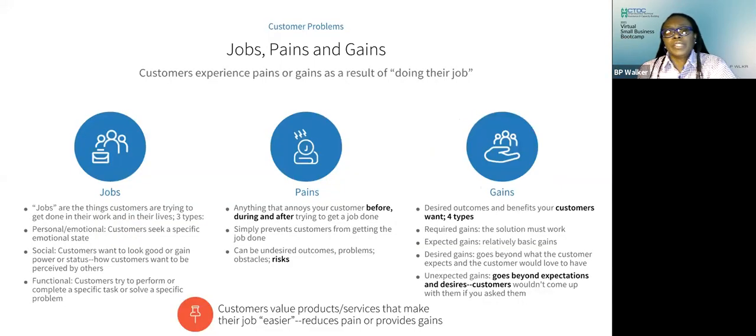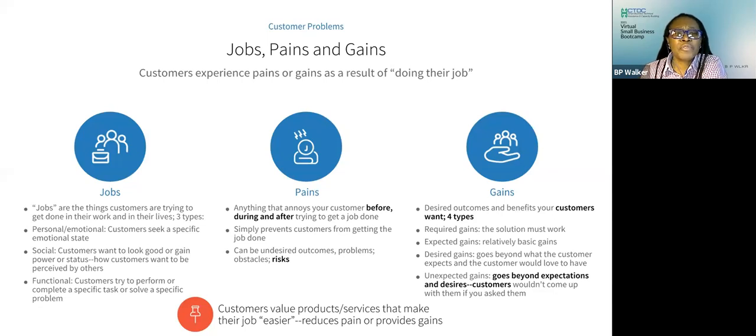So if the value is the promise to the customer and the customer has problems, here's how you can look at the problems your products and services are trying to solve. A customer has jobs and they have pains and gains. So the customer experiences pain and gain as a result of doing their job. So there's a concept around jobs to be done.